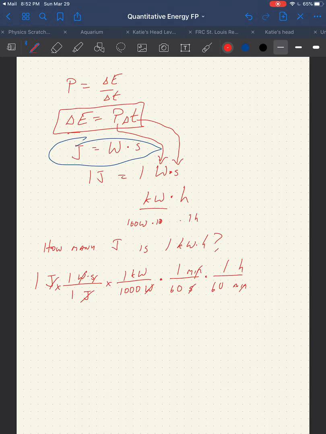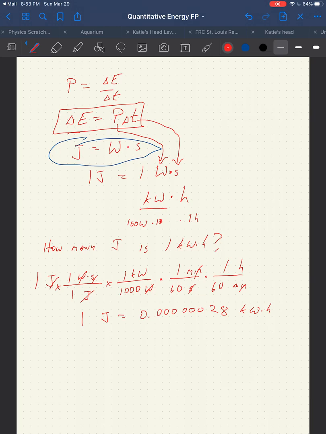And so we know that 1 joule is, I'll just hit here, 1 divided by 1,000 divided by 60 divided by 60, 0.0000028 kilowatt hours. Okay, so 1 joule is not a whole lot of energy if you're the electric company.